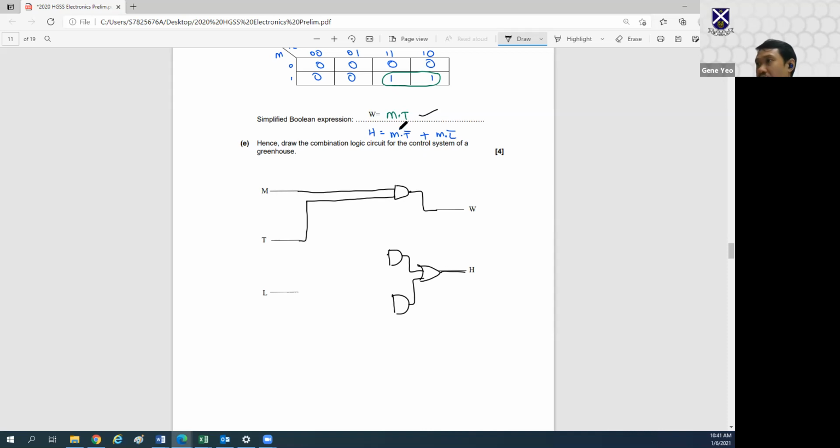So let's settle the first AND input, M and T complement. I need M, so very simple. I'm going to draw a node here.